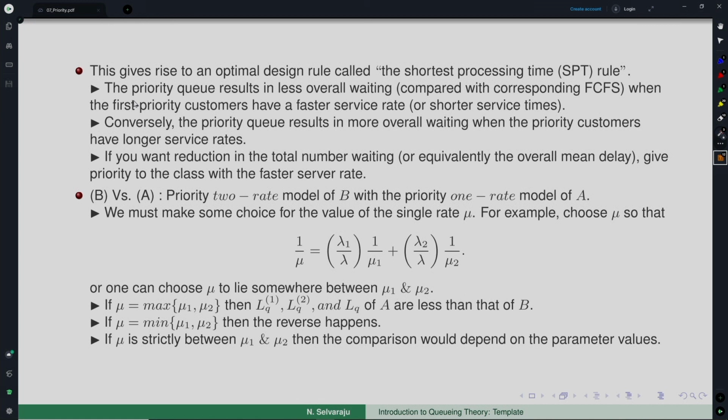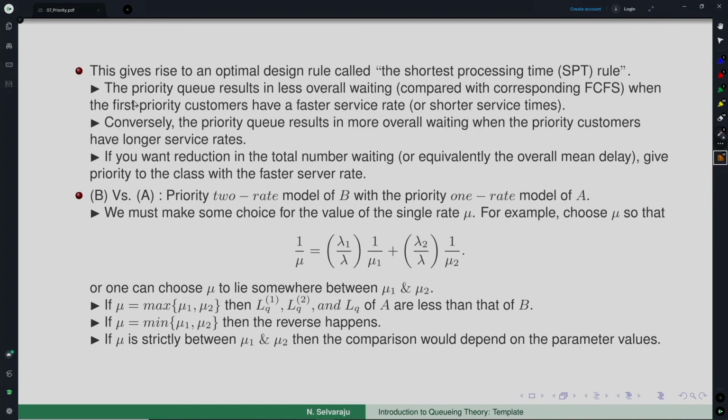So, what is your objective then? When you are designing a queuing system, you will have a certain objective in mind. If your objective is the overall reduction of the total number of customers who are waiting, or equivalently the overall mean delay, whatever equivalent words you can use, then you should give priority to the class of customers that has a faster service rate.